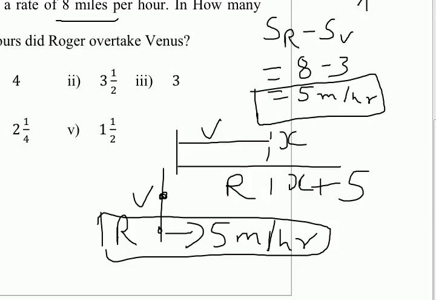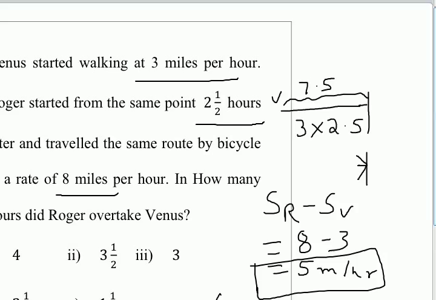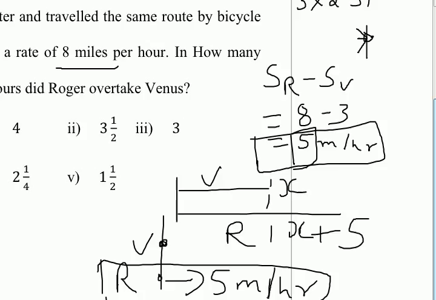So going back to the original situation, here we have Venus who's already done 7.5 miles and Roger starts now. So let's assume Venus is stationary, not moving from here, and Roger has to cover 7.5 miles. If his speed is 5, in how many hours will he cover 7.5 miles?